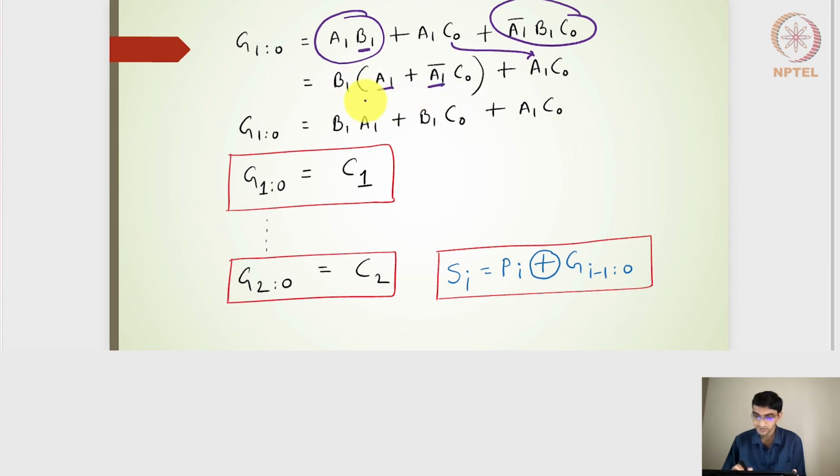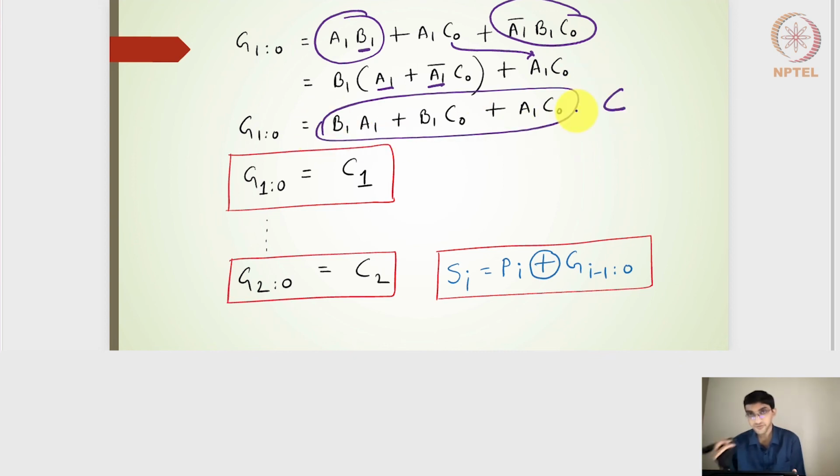So this will be nothing but B1 into A1 plus B1 into C0 plus A1 into C0, which is nothing but the majority gate, or rather the C output of the first expression. So that will be nothing but C1, of the first bit addition, the carry output for the first bit addition.